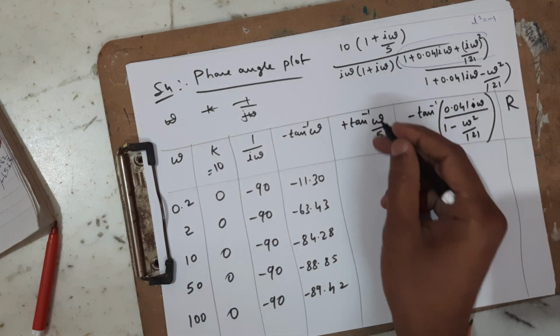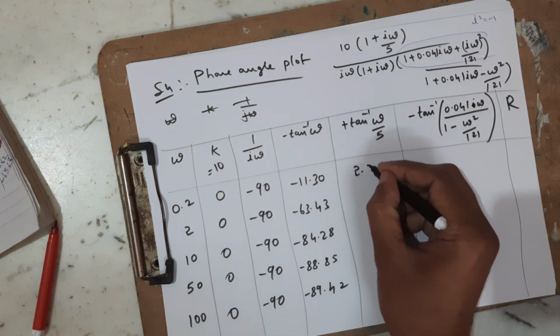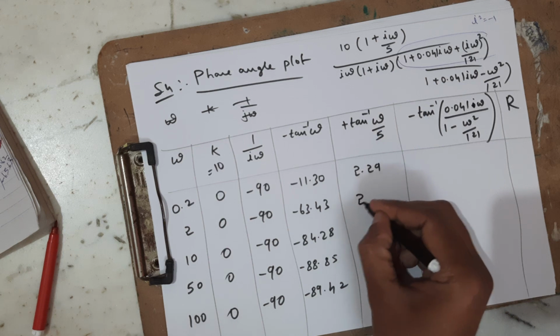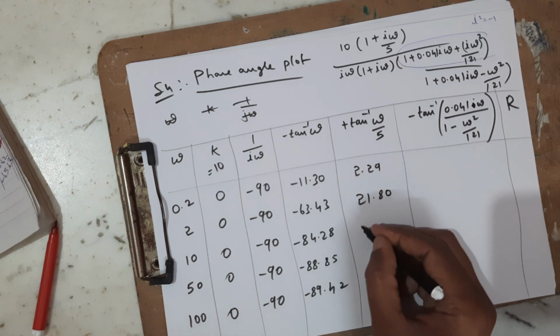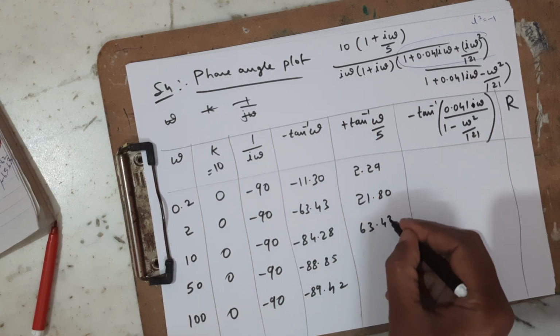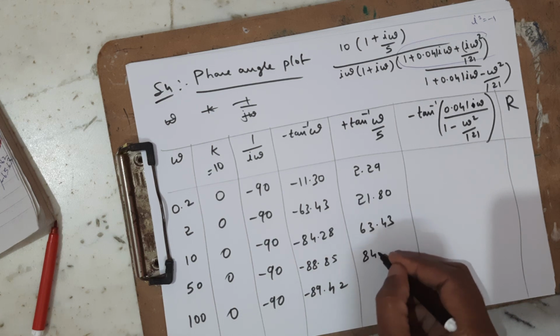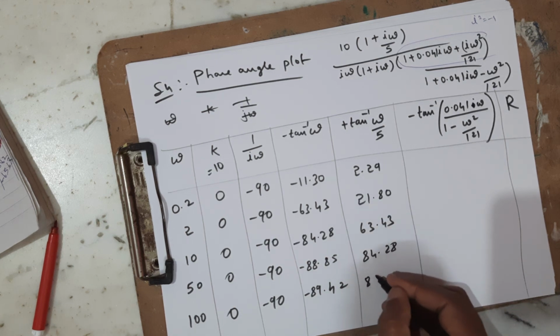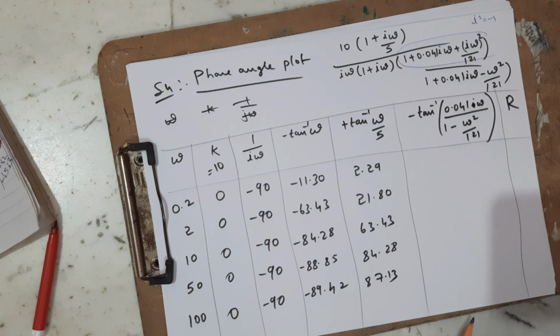In the same way for this, this will be 2.29, 21.80, 63.43, 84.28, next 87.13.